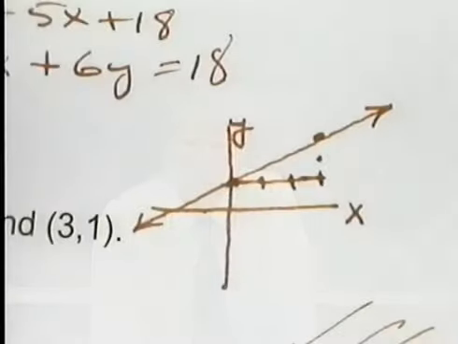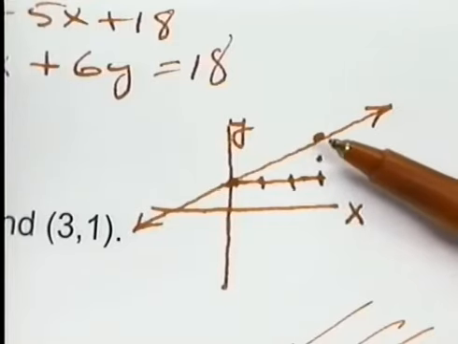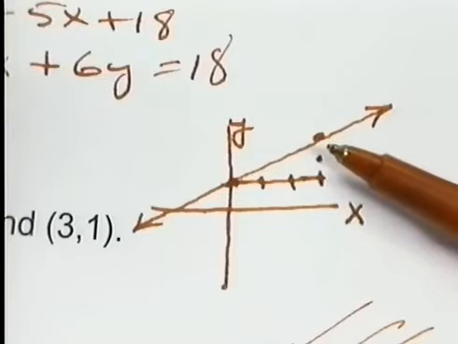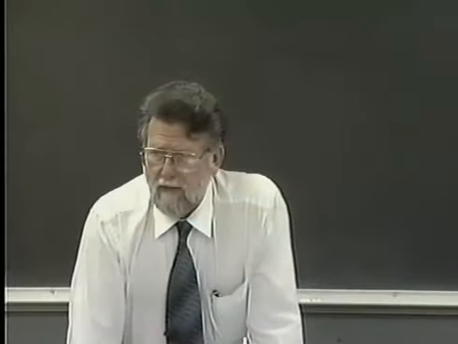That's what I've done here. Then going over 3 and up 2, I didn't indicate the ordered pair for you, but that would be 3, 3. Once you've done that, it's just a matter of drawing the graph.